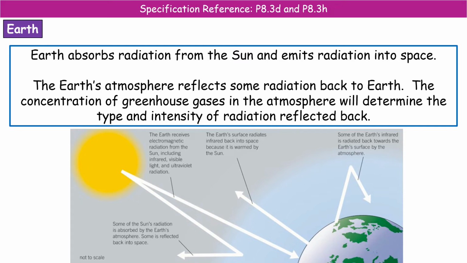If we have a greater concentration of greenhouse gases, then we're going to have a greater amount of radiation directed back towards the surface of the Earth, and that leads to the enhanced greenhouse effect and therefore global warming.